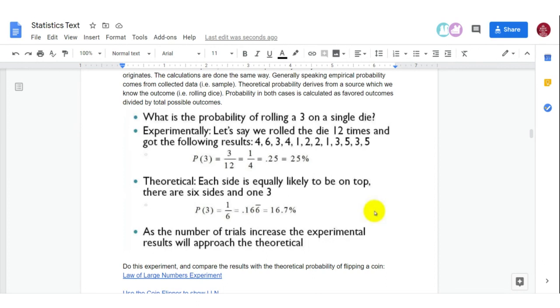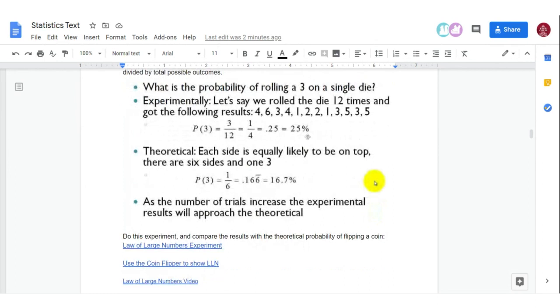Now, if the experimental way had been true to theoretical, that means we would have had exactly 2 3s over the 12, and that would be the same thing simplified down to 1/6. But let's just see how this works, because there's something called the law of large numbers. All right, and you might think that there's a conflict there, but there's not.